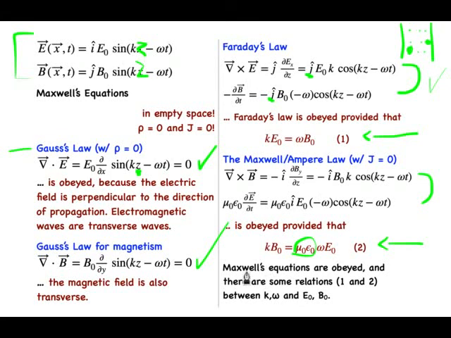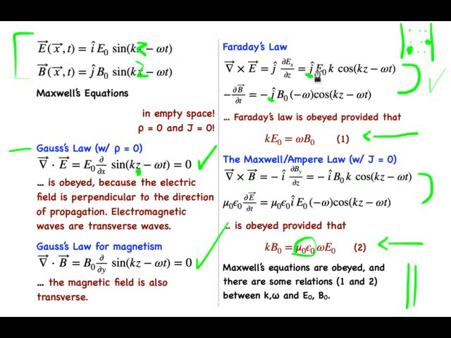All right, so Maxwell discovered that his equations are obeyed for harmonic traveling waves. But there are two conditions. So the waves are related by these two relations.